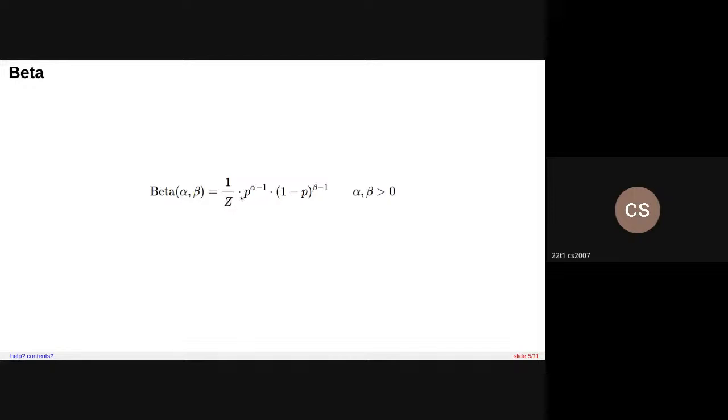What property should Z have for a probability distribution? No, it is not p into 1 minus p. If I say beta of alpha comma beta is a probability distribution which supports 0 comma 1, then how will you estimate Z?